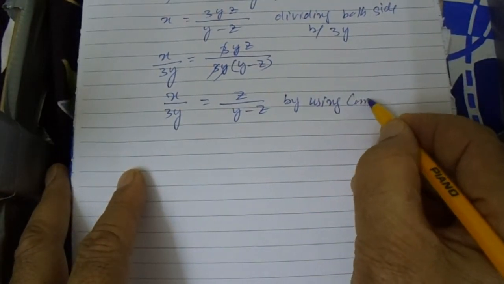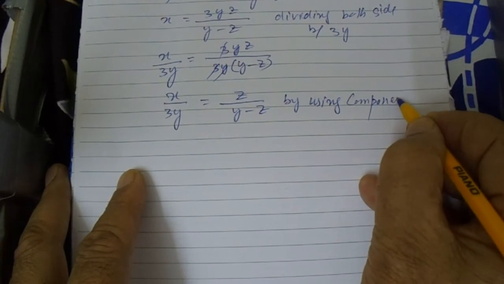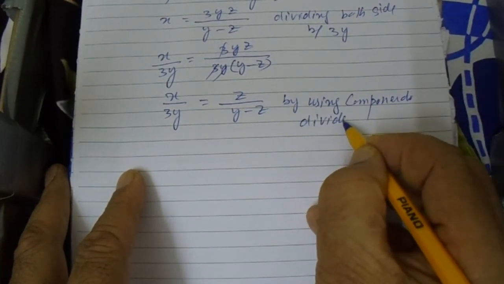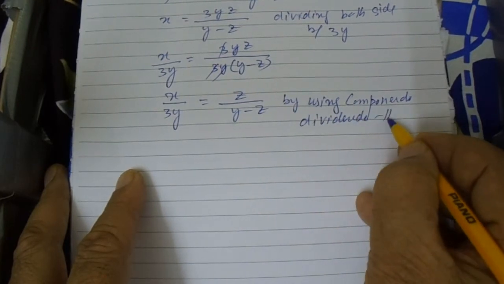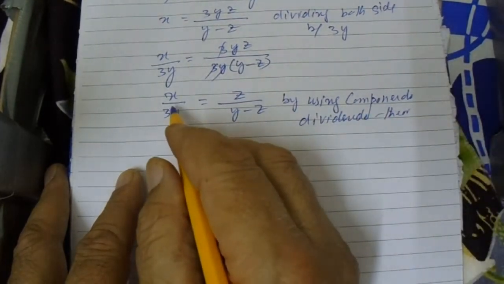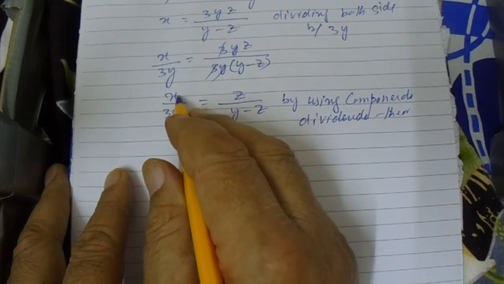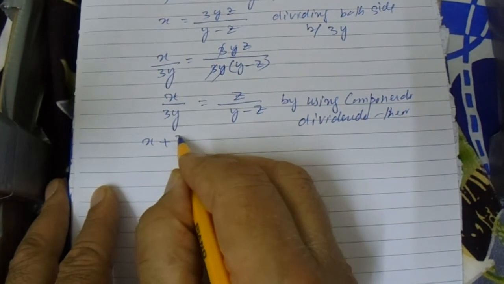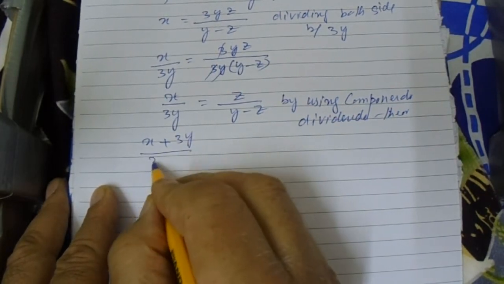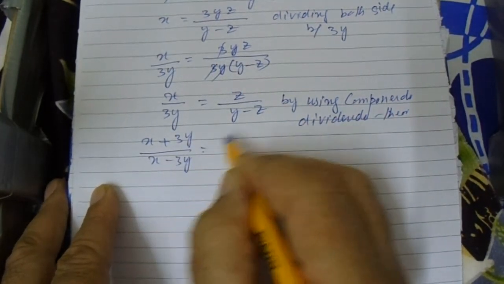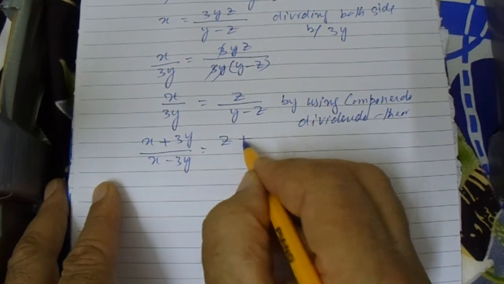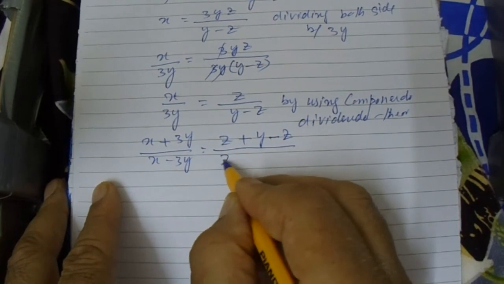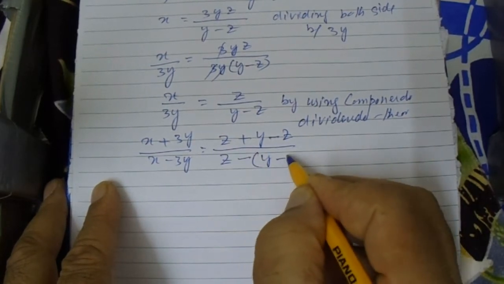By using componendo dividendo theorem, it means this plus this in the numerator and this minus this in the denominator. x plus 3y over x minus 3y is equal to z plus y minus z over z minus into y minus z.